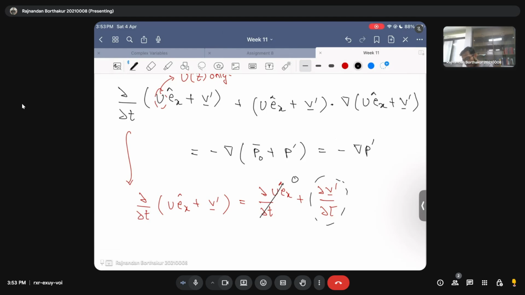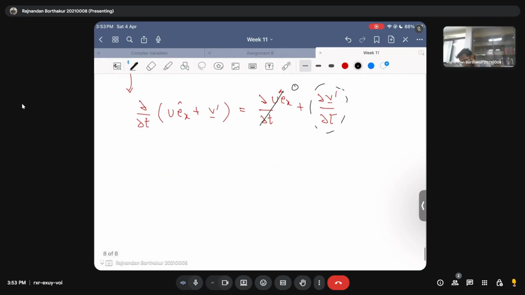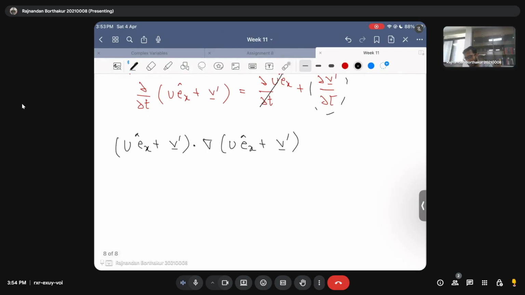Okay, similarly, if we look into this term now, this term is a little interesting one. Let's try to simplify it out. So what do we have? We have u ex plus v prime, dot product with gradient of u ex plus v prime. Okay, so let's try to expand this term by term, and let's see what we get. The first term we'll get is u ex dot gradient of u ex.